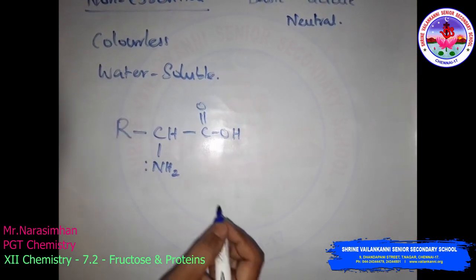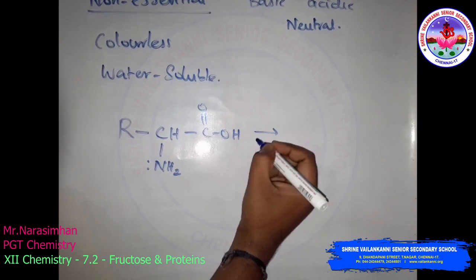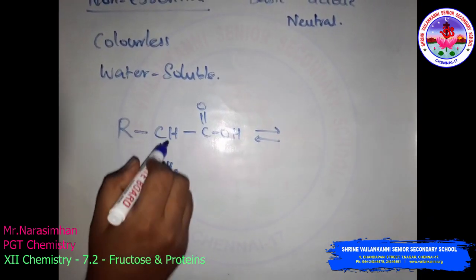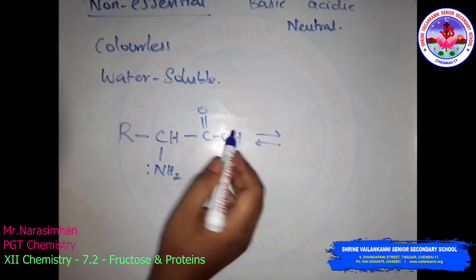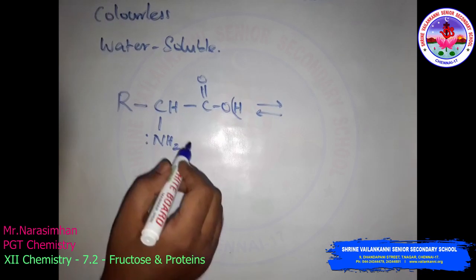The carboxyl group can lose a proton and the amino group can accept a proton.